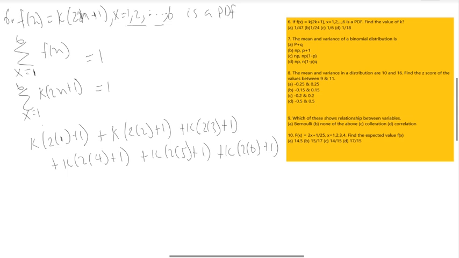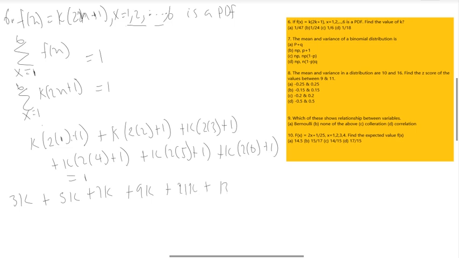And everything here is equal to 1. Now we have k here, k here, k here, k here, k here. We can factorize the k out, right? But let me not factorize so we don't get confused. Let me just solve. Here we are going to have 2 + 1, 3. So we have 3k plus, here we have 4 + 1, 5, so 5k. The next one we have 7k. The next one we have 9k. The next one we have 11k.